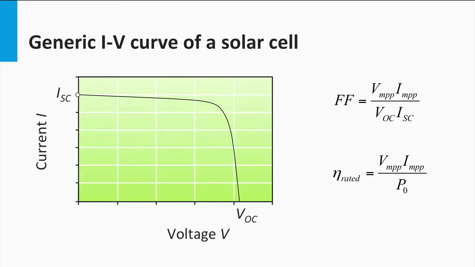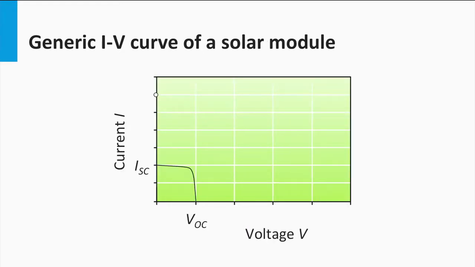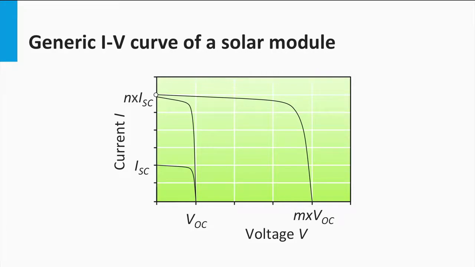You will remember that the voltage and current characteristic for a module with M identical cells in series and N identical cells in parallel will look like this. The current multiplies by a factor of N due to parallel connection, and the voltage multiplies by a factor M due to a series connection.